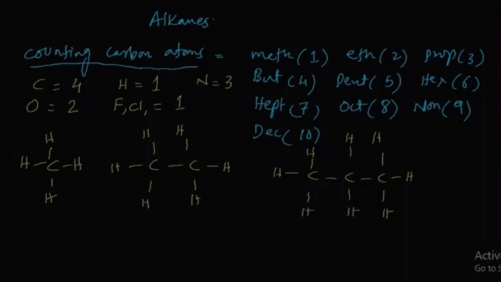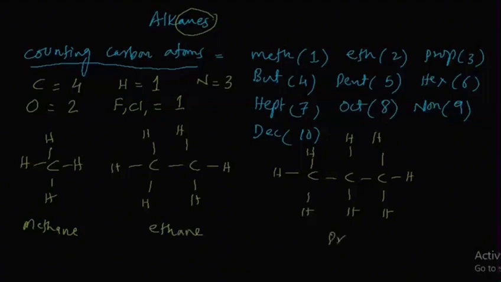Now, this first structure contains 1 carbon atom, and these are the prefixes, and the suffix of alkane is ane. So that's why this compound is methane. Count the carbon atoms: 2 carbon. The code letter is eth, and the suffix for alkane, ane. So this is ethane.